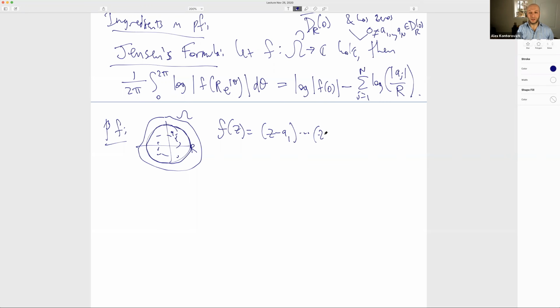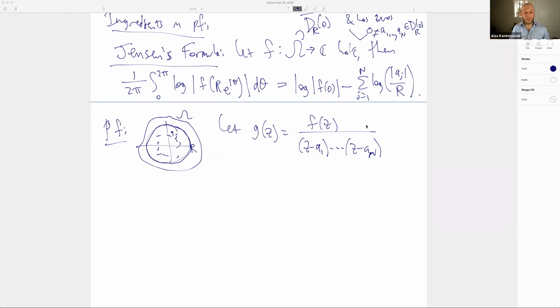So we can do that over all of the a_i, z minus a_n. Let me put it this way. Let g of z be f of z over z minus a1 through z minus an. There's only finitely many zeros here, so we're not worried about any kind of convergence issues. This function has no zeros. I've removed all the zeros from f.